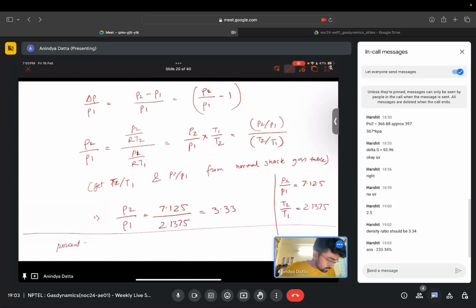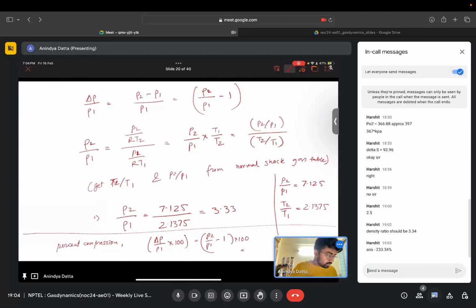Finally, the percent compression will be equal to delta rho by rho 1 into 100. So that is rho 2 by rho 1 minus 1, into 100.